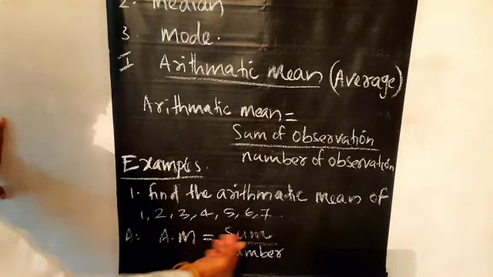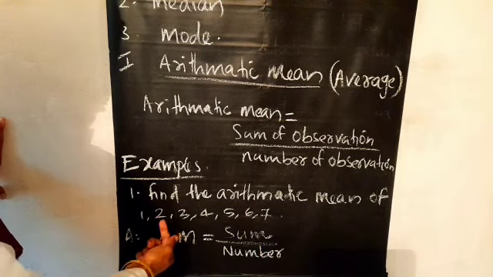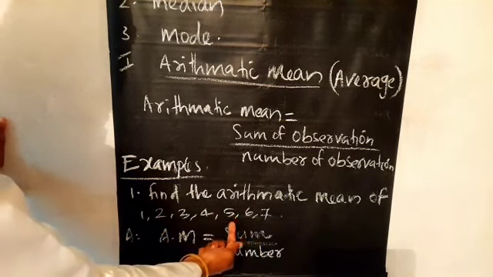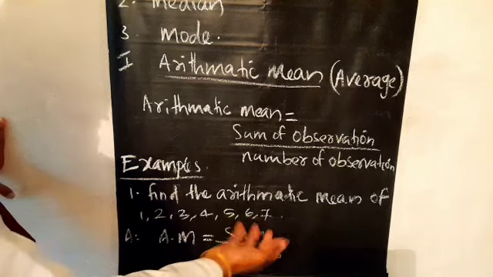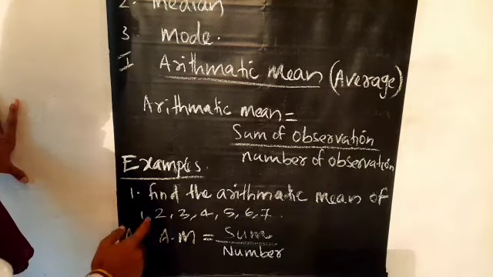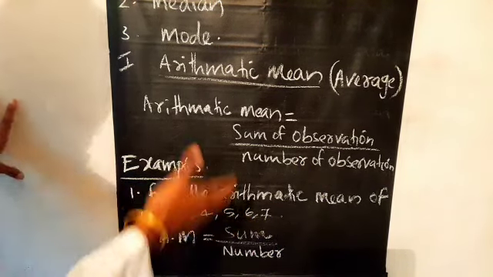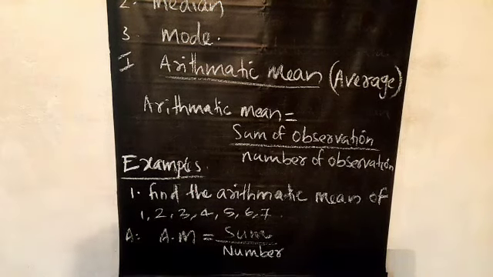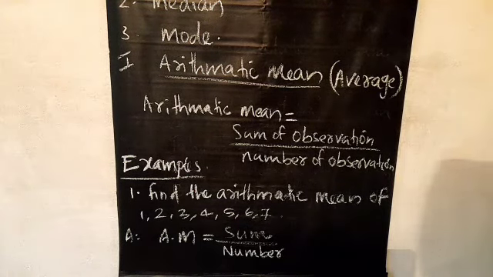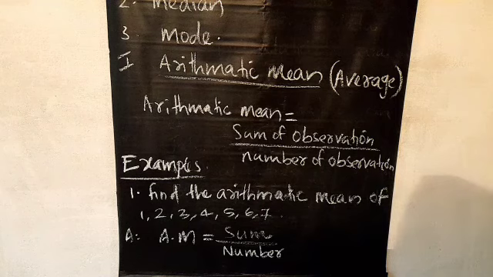To find the sum, add 1 plus 2 plus 3 plus 4 plus 5 plus 6 plus 7. Then give the number of numbers. How many numbers are there? 7 numbers. After adding and dividing the sum by the number of numbers, you will get the arithmetic mean.